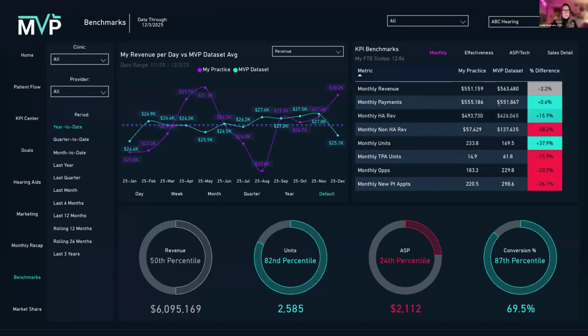So this, again, is a gut check on here's what we think some natural growth might be, or here's a 5 or 10% growth target, but where are we at compared to practices of a similar size? So lots of different views here where you can look at average sale price and technology benchmarks, effectiveness like conversion benchmarks. I really love to consult this screen as well.